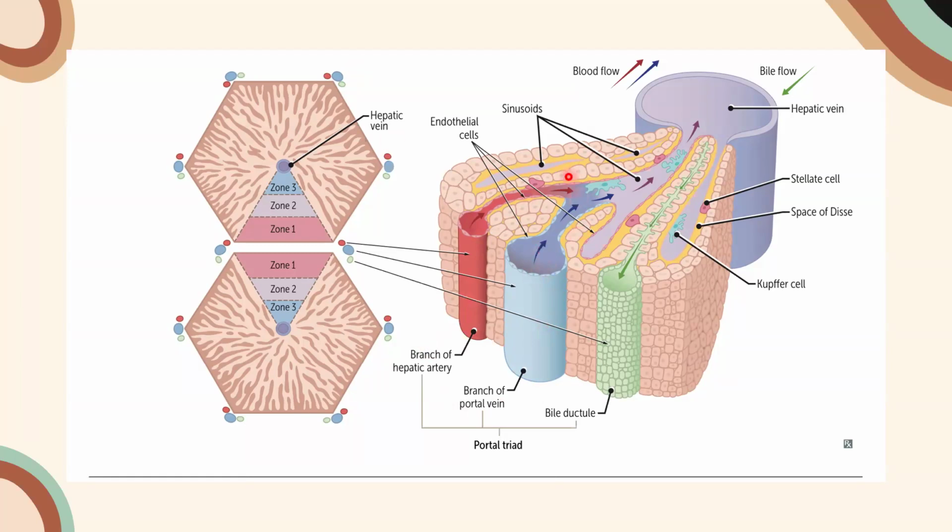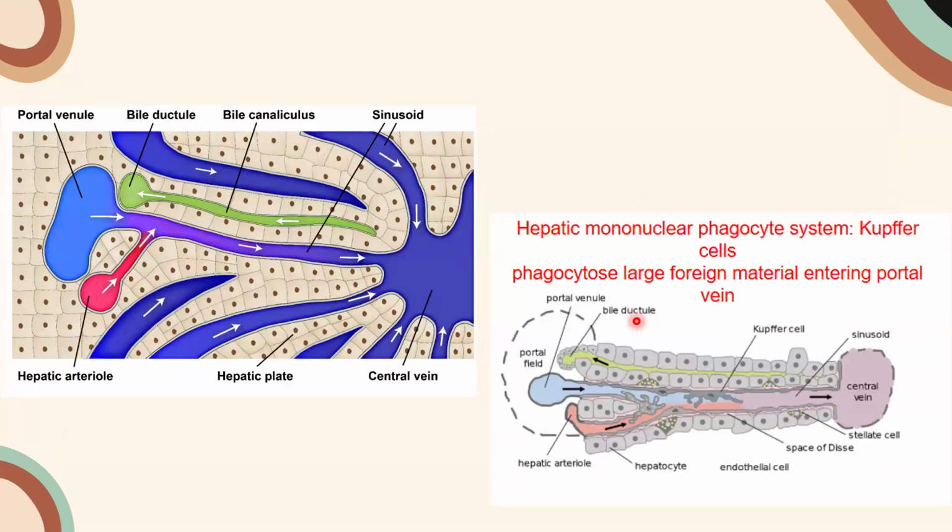Now you can see here that these are what we call sinusoids, and the blood from the portal vein and the blood from the hepatic artery are actually mixing together. If you look at it in more detail, this is from your slides, you can see that the blood is mixing together in the sinusoids.